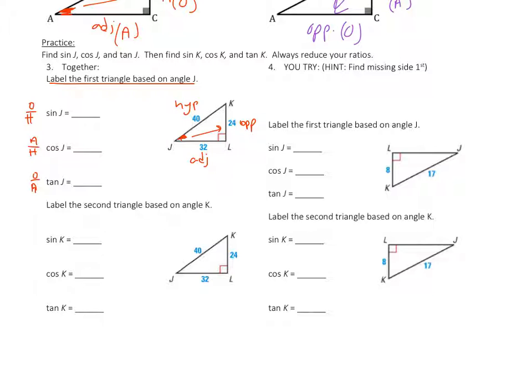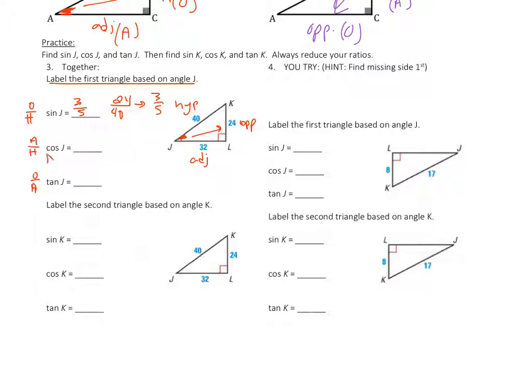For sine, I need to do opposite over hypotenuse, so that would be my 24 over 40. The reason I'm writing it right here is because we do need to reduce it. And when we reduce it, we would get a 3 out of 5. So my answer would be 3/5. So the sine of J is 3 over 5.